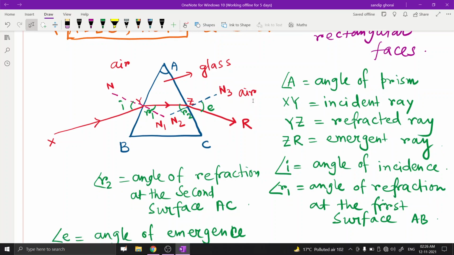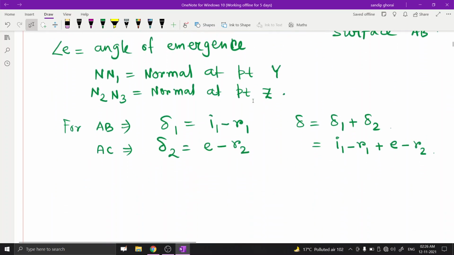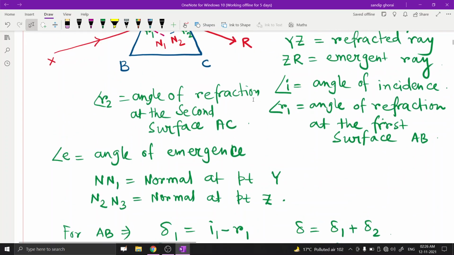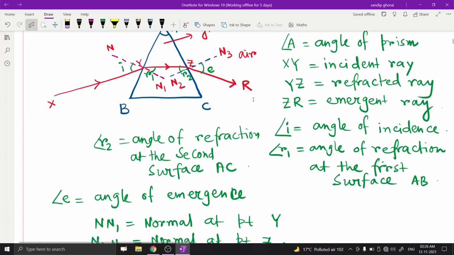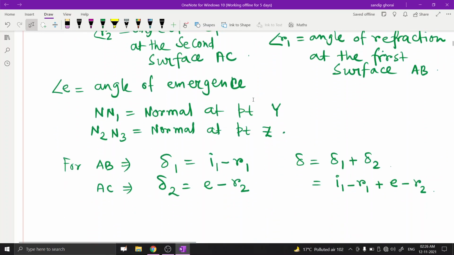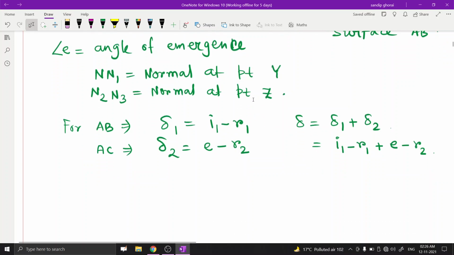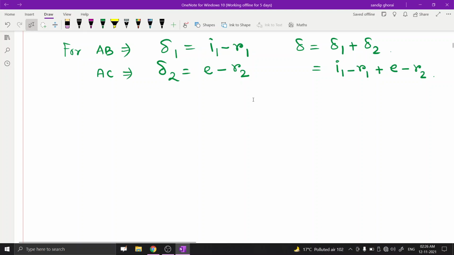Now, if we take white light which is incident on a glass prism, then what happens? We know white color is the combination of 7 colors.